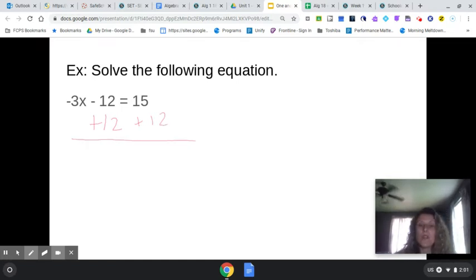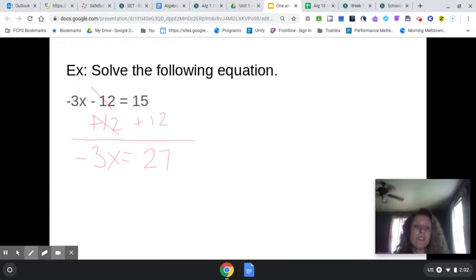The 12s on the left side are going to cancel out. -12 plus 12 makes 0. And on the right side, 15 plus 12, that gives me 27. If I bring down anything that I didn't use, I'm going to bring down that -3x. So now I have the equation -3x is equal to 27.